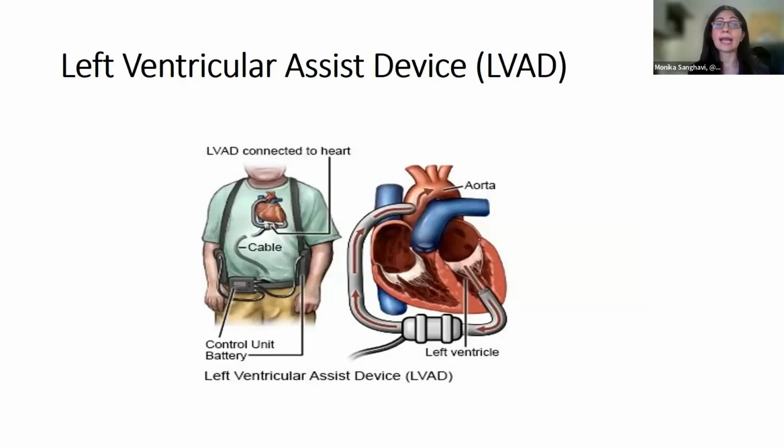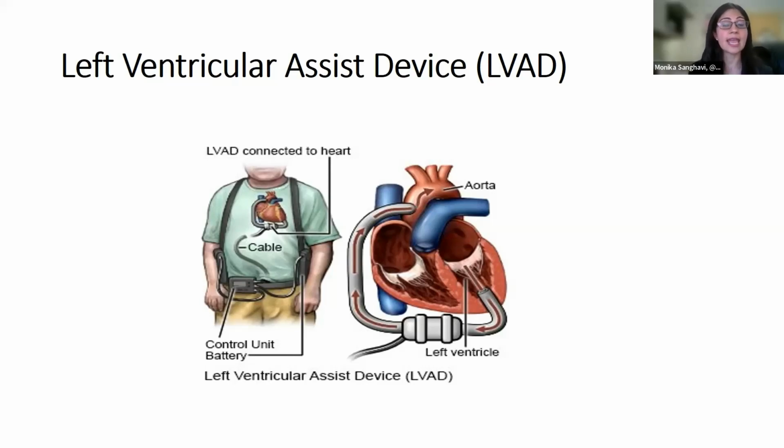You may have heard of assist devices or ways that we can sustain the heart. One that you may or may not have heard of is called a left ventricular assist device. This is basically where a machine takes over the pump function of the heart, because the heart is no longer able to do this.